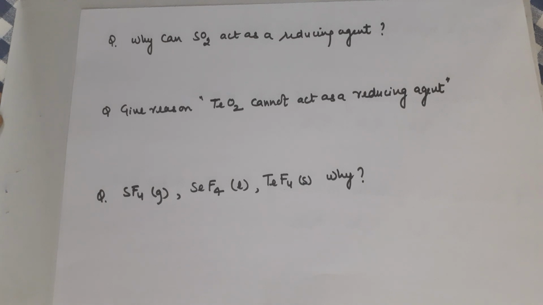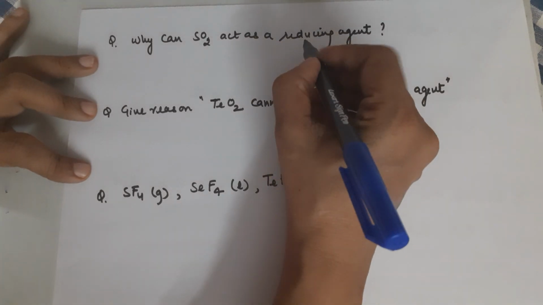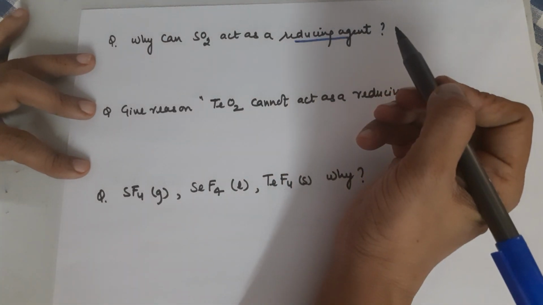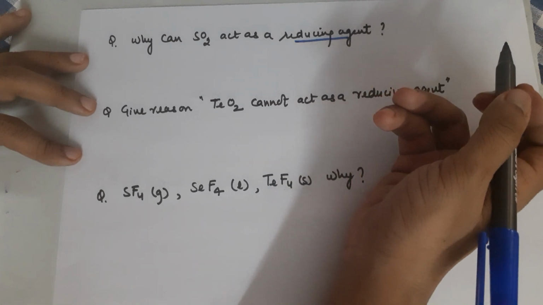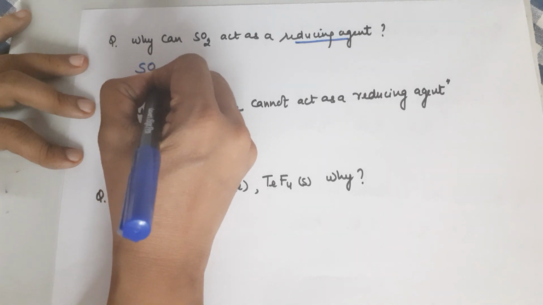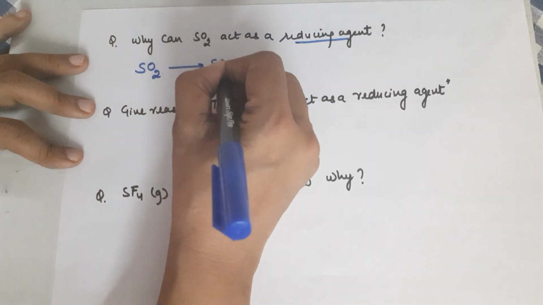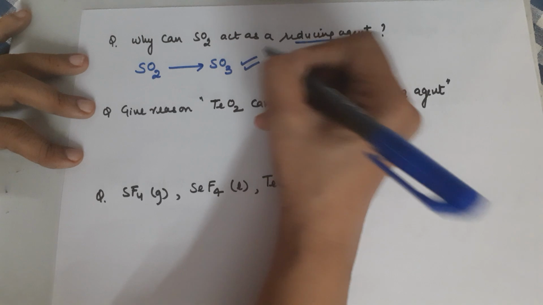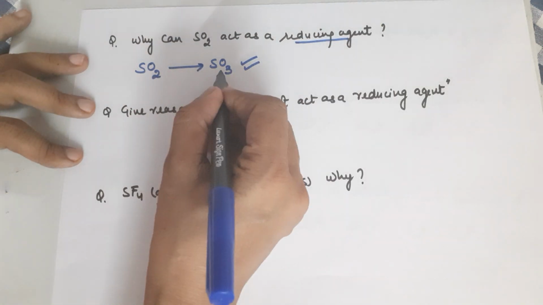Coming to the next question: SO2 can act as a reducing agent. Reducing agent means it has to reduce others and itself has to undergo oxidation, which means if your SO2 could change to SO3, then your answer is done because it will undergo oxidation.